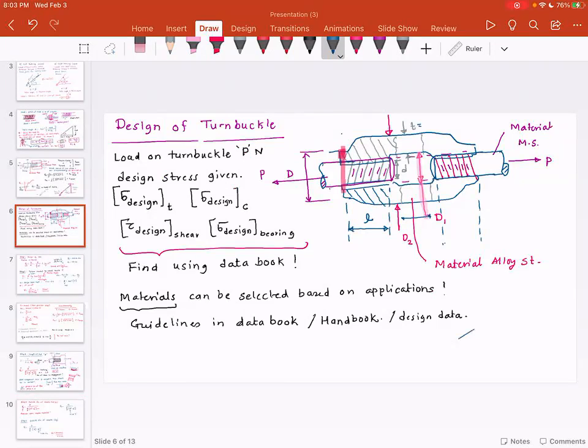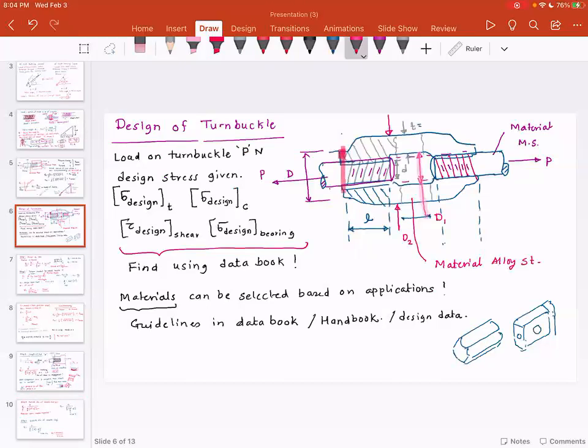So for an example, you could have a coupler that looks something like this. Or you could have a coupler that just looks like this. Then here is a turnbuckle. Here there is a hole.